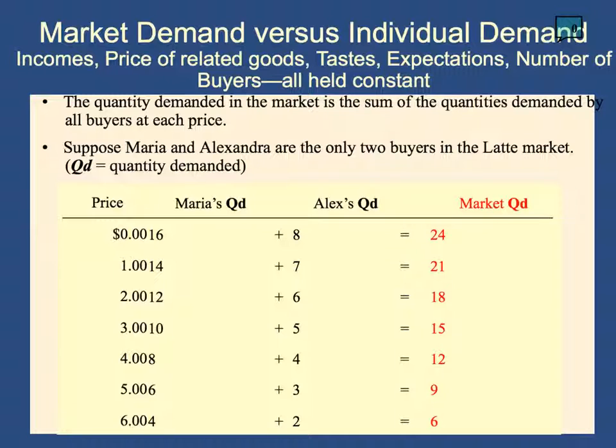It is important that this is the case only when income, the price of related goods, tastes and preferences, expectations about the future, and the number of buyers are constant. Otherwise, the units they're going to demand at each price can change.